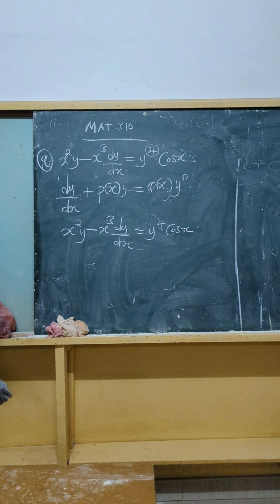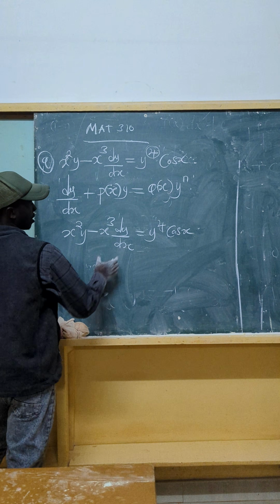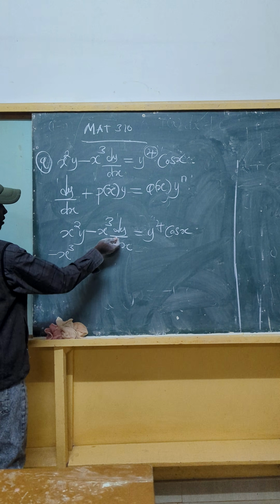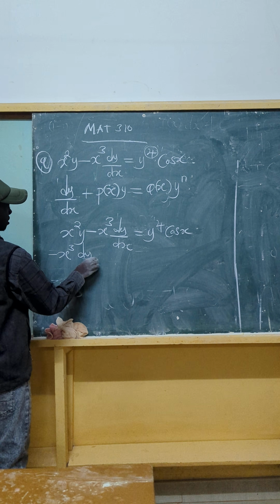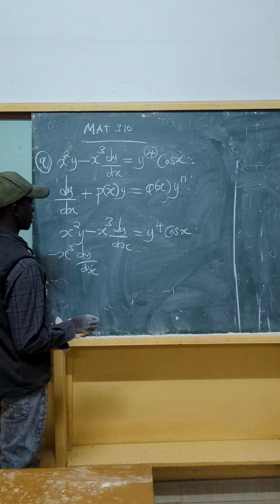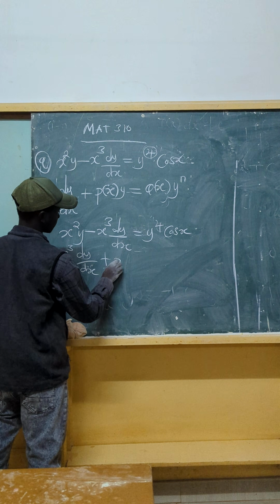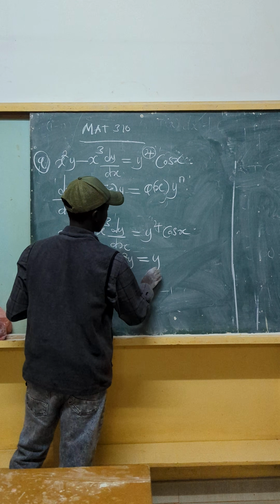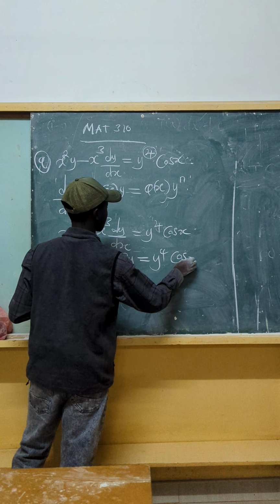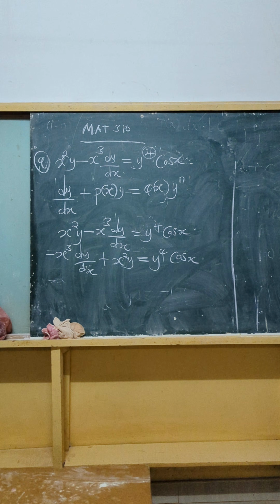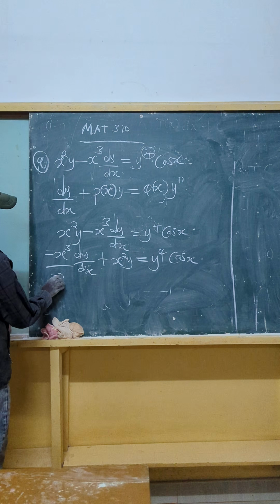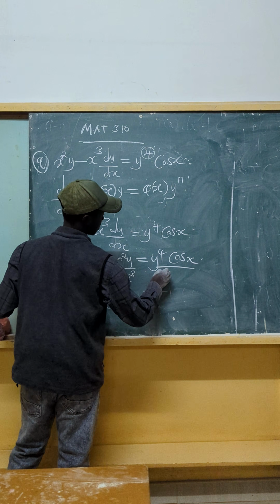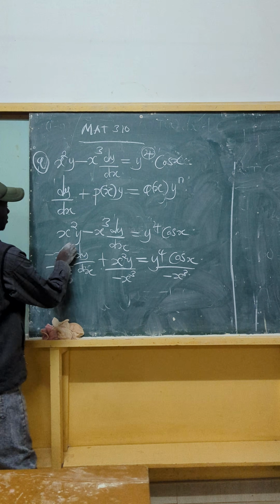So what we do now, we make dy over dx the subject of the formula. So we have negative x cubed dy over dx plus x squared y equals y power 4 plus x. We divide everything by negative x cubed, and we cancel.